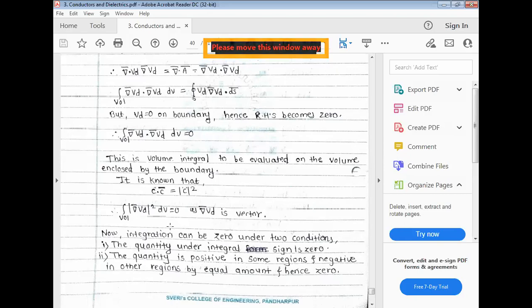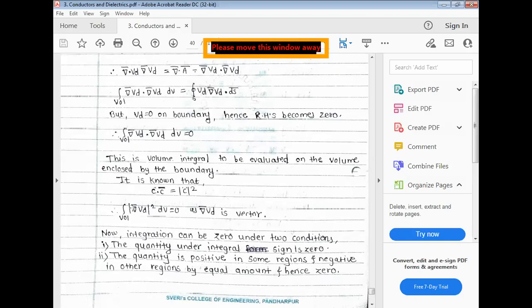Therefore, in the volume integral, instead of this C bar dot C bar, we have del Vd dot del Vd, and we know that del is a vector quantity, which means this is a dot product of two vectors.